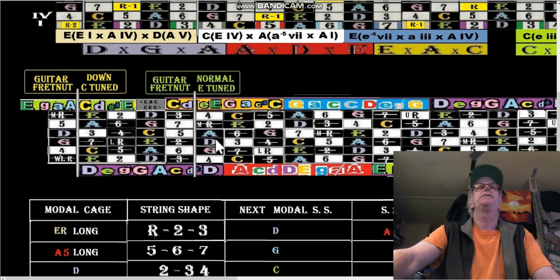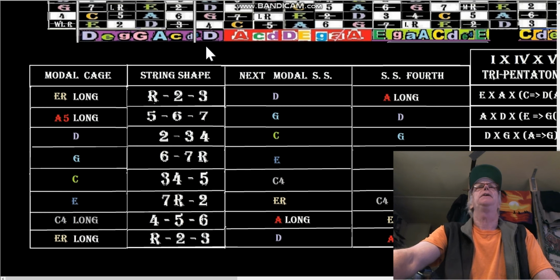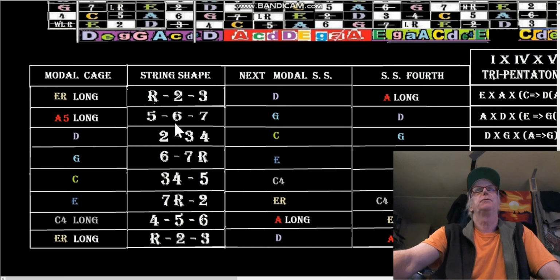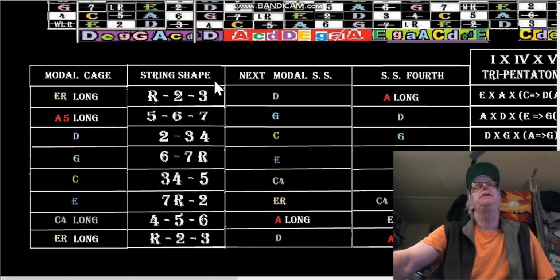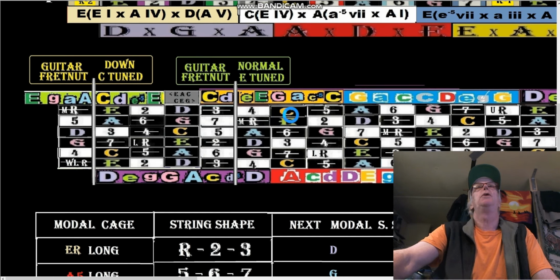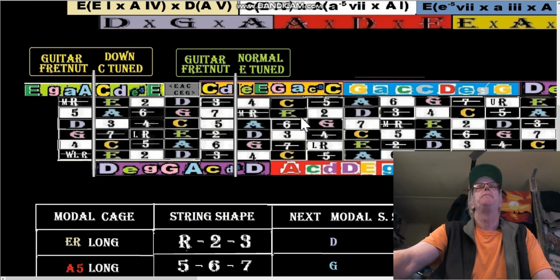It embraces that, and that is the string shapes. So what are the string shapes? They're scale fragments that we build the scale with: root, 2, 3, 4, 5, 6, 7, root, 2, 3, 4, 5, 6, 7, root, 2, 3. However, in the easiest fretboard over here, we have a smaller version of that.